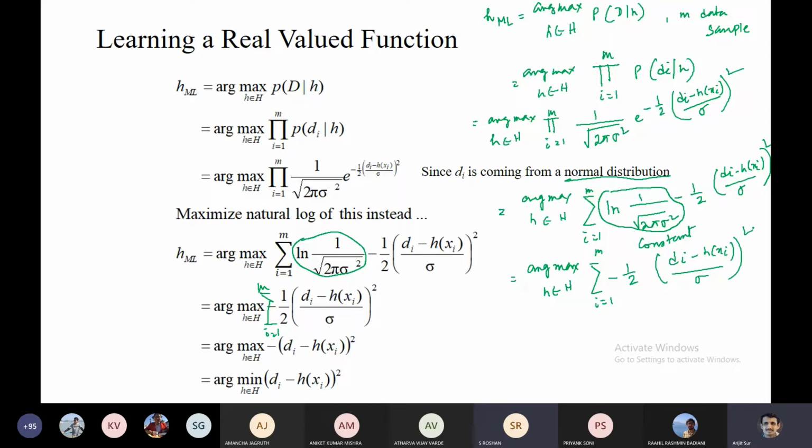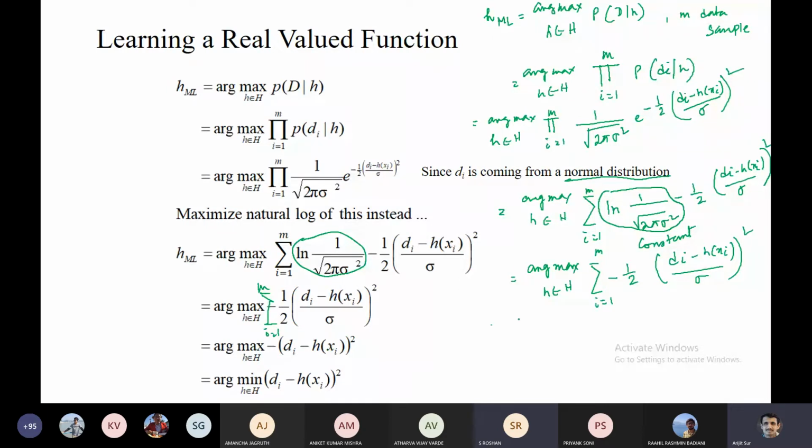Okay, so this is the thing. Now you see this sigma square is also kind of a constant. So we can write argmax over h of this minus (di minus h of xi) whole square. Again there is a mistake.